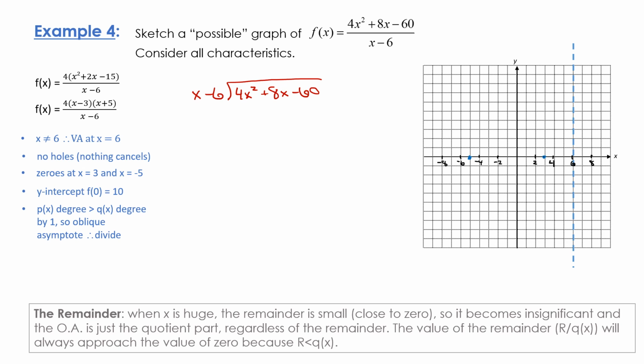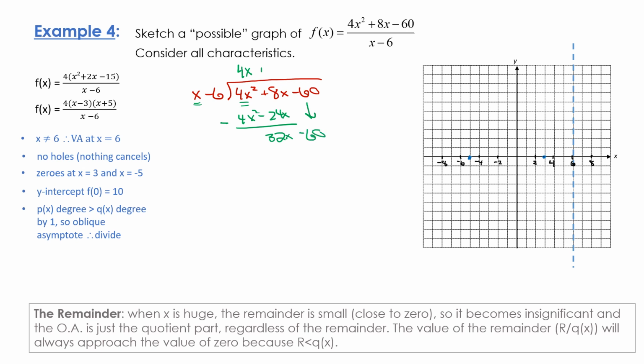So remember, our first step is the first term divided by the first term. That gives me a 4x. So it's 4x squared minus 24x. And subtract. We're left with 32x. Bring down the negative 60.